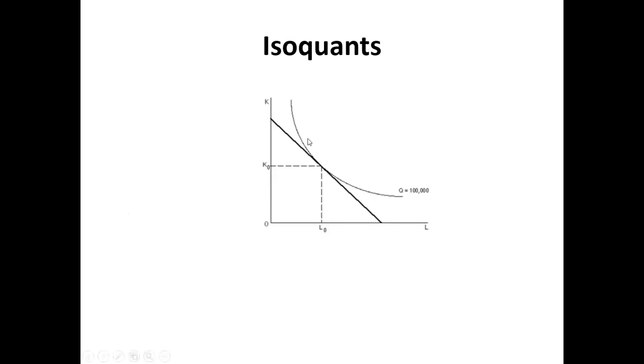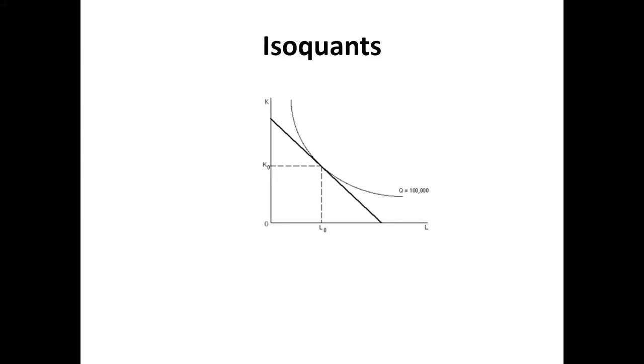Point where? Pardon? Marginal rate of substitution. Good. Marginal rate of technical substitution. Marginal rate of technical substitution is simply the point where the budget line and the indifference curve are tangent. All right? Point at which these two are tangent. So this is where optimal production occurs.